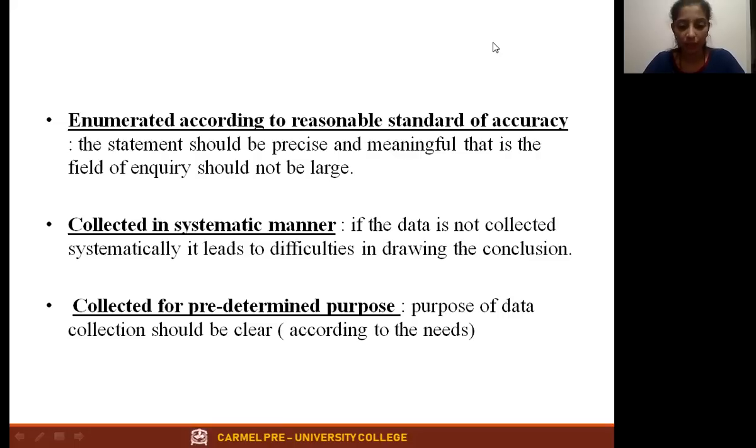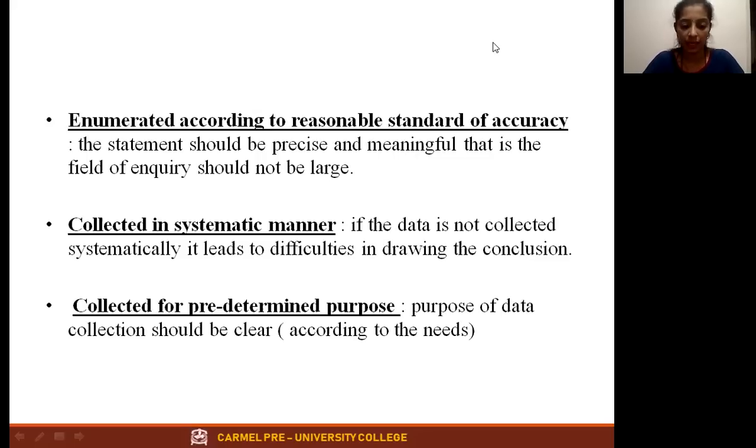So that is why we are supposed to collect the data in a proper manner. If you don't collect the data in a particular way, it leads to a wrong conclusion. So it should be collected in a systematic manner.